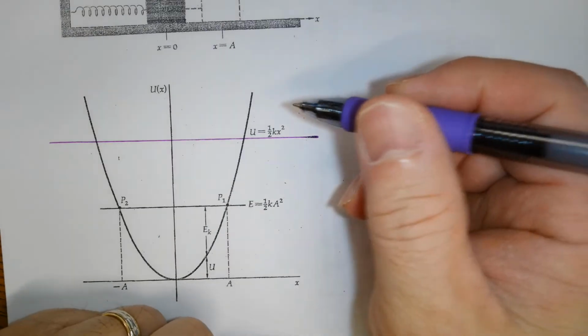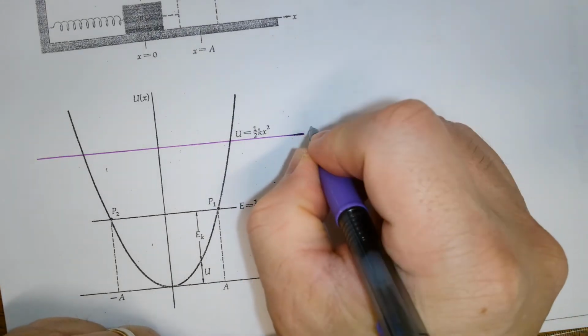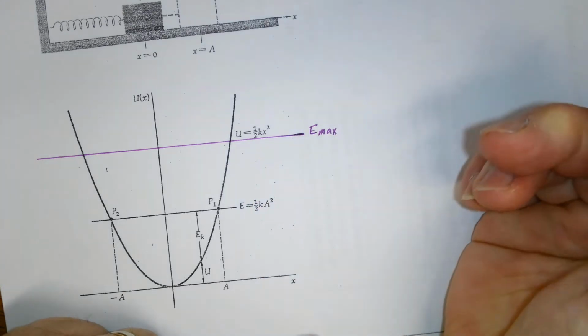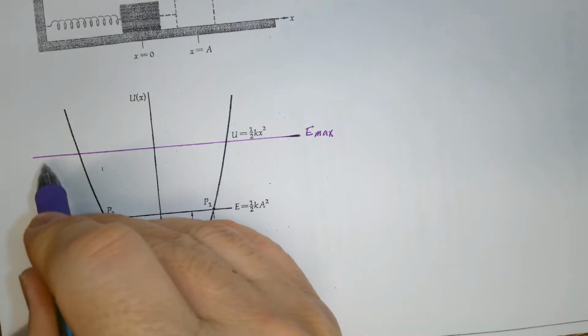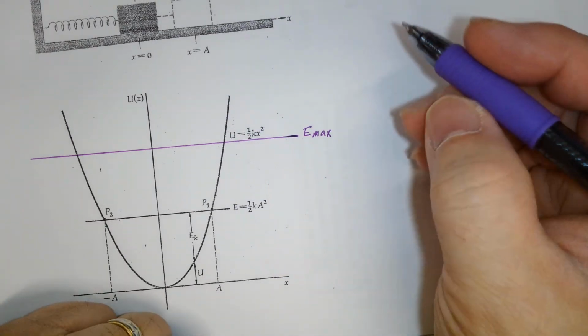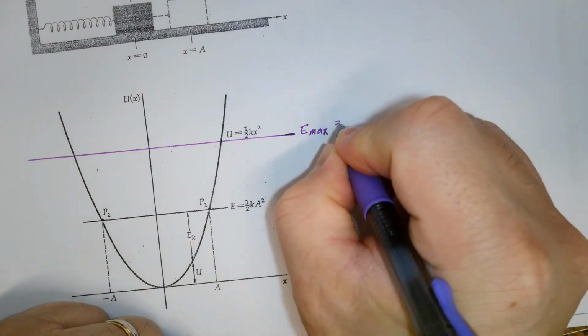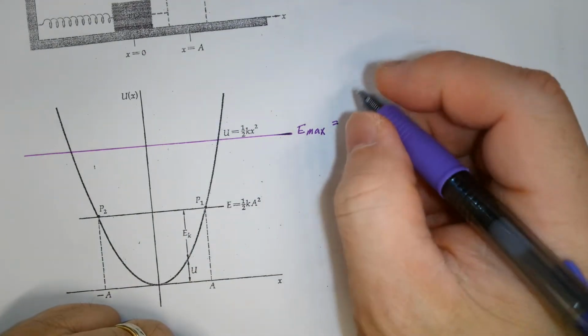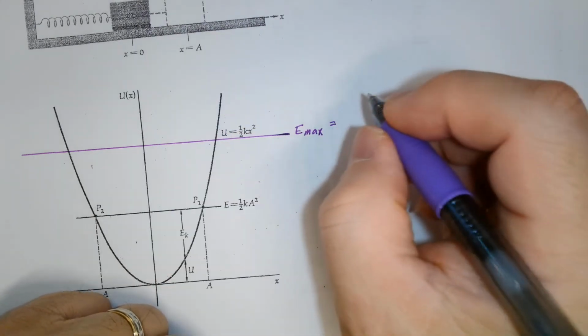Therefore, there has to be a certain maximum energy level. I mean, you're not going to get an infinite potential energy out of this, right? So E max is the maximum energy the system can possess, all right? So at this level, the spring breaks off.